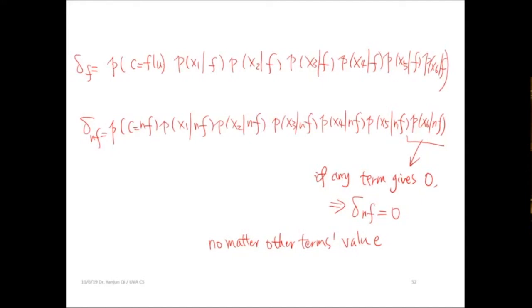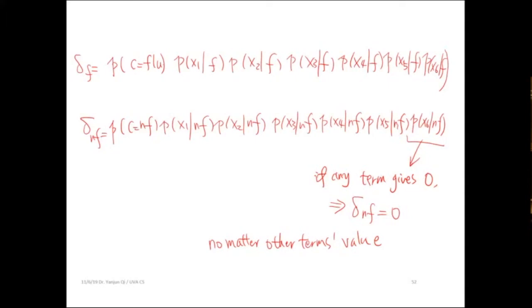It will just be dominated by 0. So for the naive Bayes classifier in the discrete case, you have to try to avoid zero probability, because it doesn't work with this multiplication in the joint probability estimation.